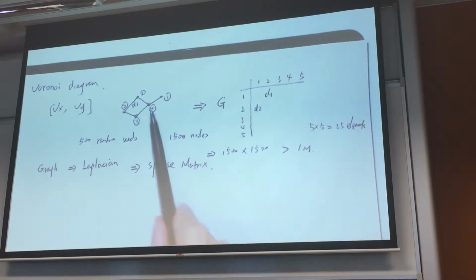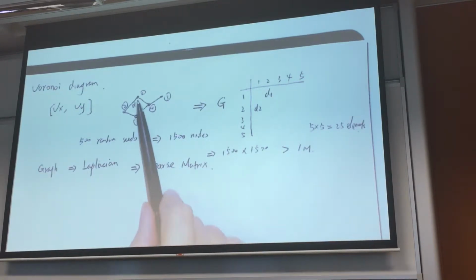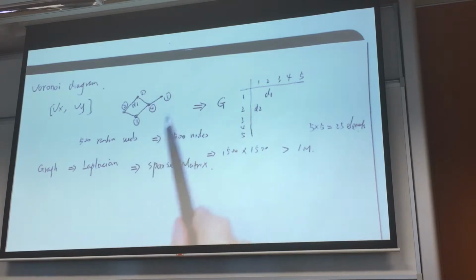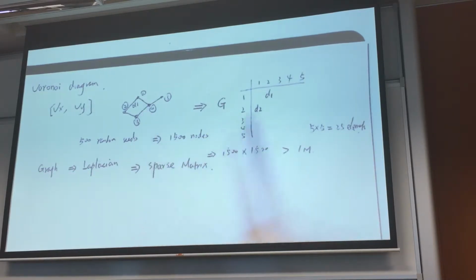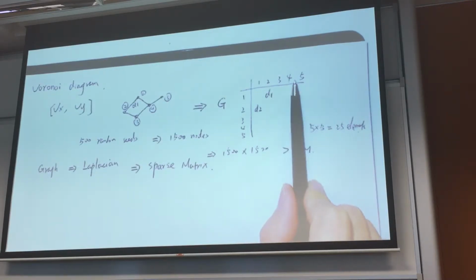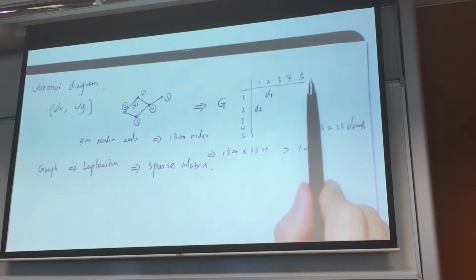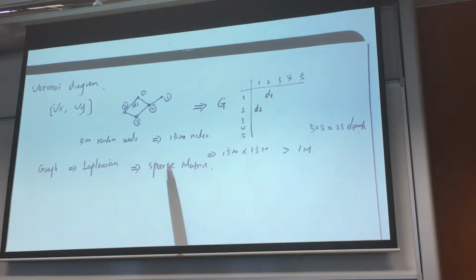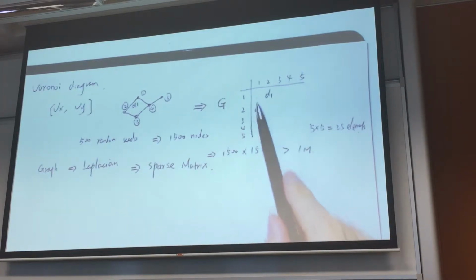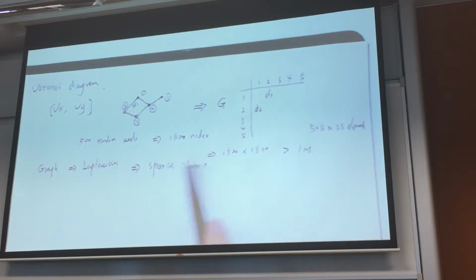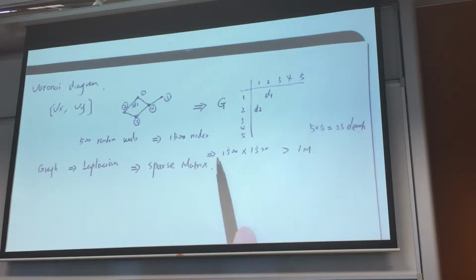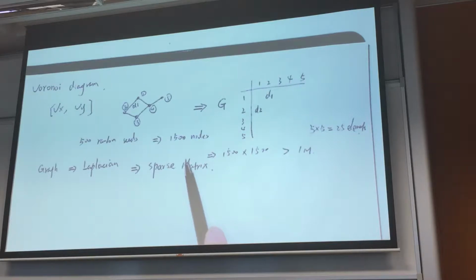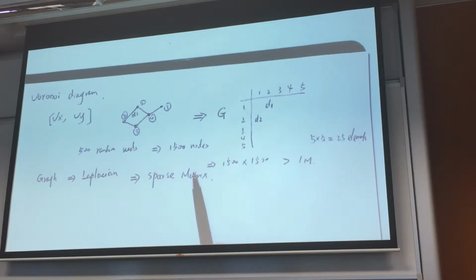But in a graph, typically one node only connects to a very limited number of nodes. So in a row or in a column, most of the elements will be null, actually no value. So in a sparse matrix, only a few elements will be stored with values. That's the idea of the sparse matrix and why sparse matrices are very useful in graph theory.